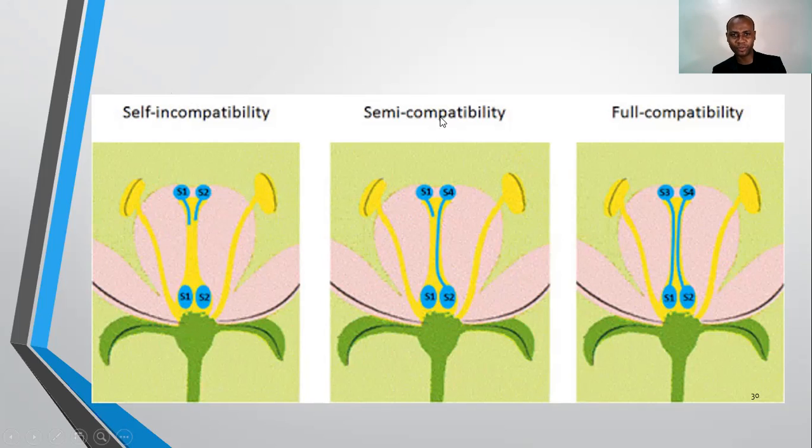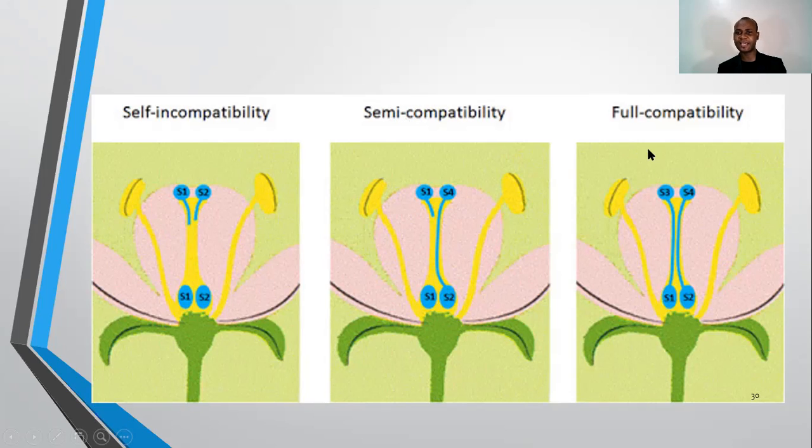Okay, in picture 2, we have semi-compatibility. So the two sperms form here, but only one travels to fertilize the egg. So in this case, we say that it's semi-compatible.